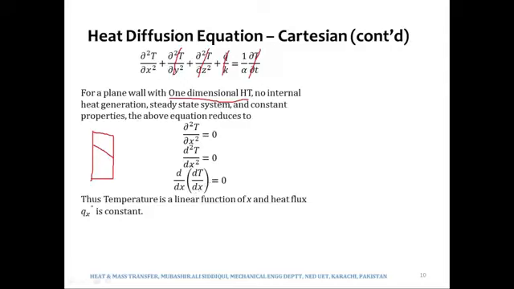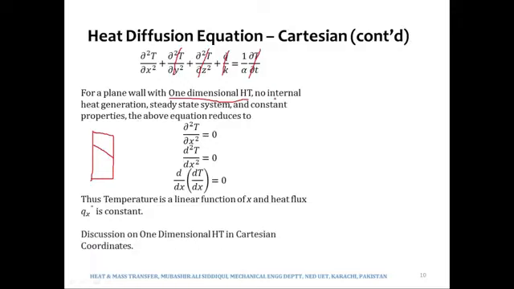So the second derivative of T with x becomes 0. What does this mean? It means that if it is one dimensional heat transfer, with no internal energy generation, under steady state conditions, and with constant thermal conductivity, then the temperature varies linearly. If any of those four conditions is relaxed, for example if there is internal heat generation, then the temperature distribution will no more be linear. Rather it may be a plus bx plus cx square.